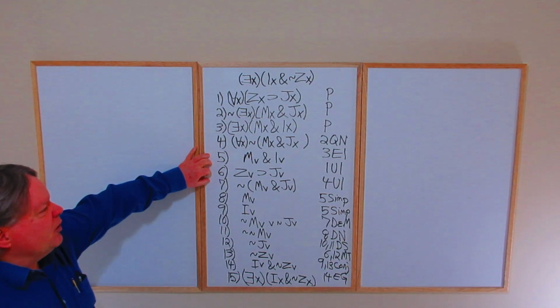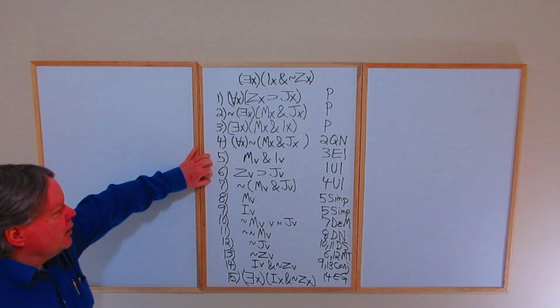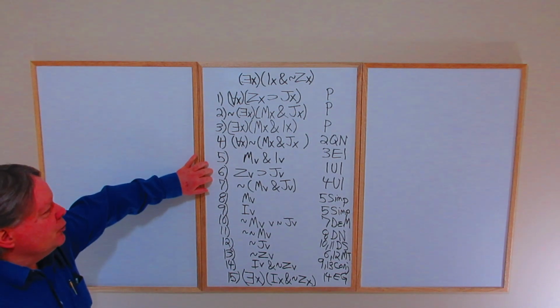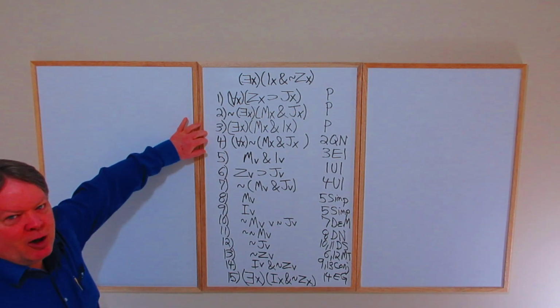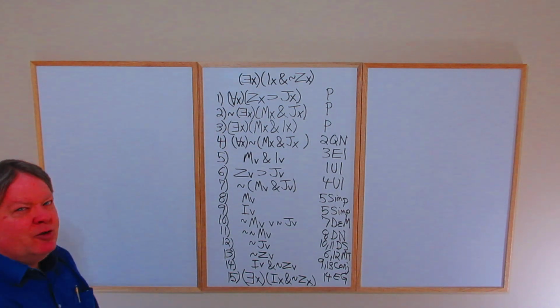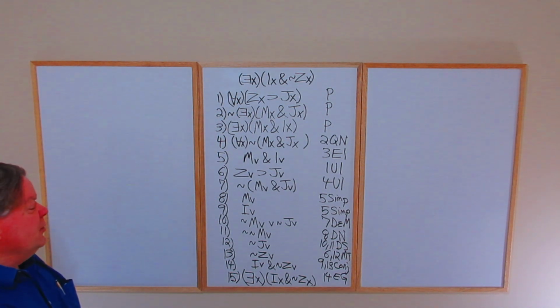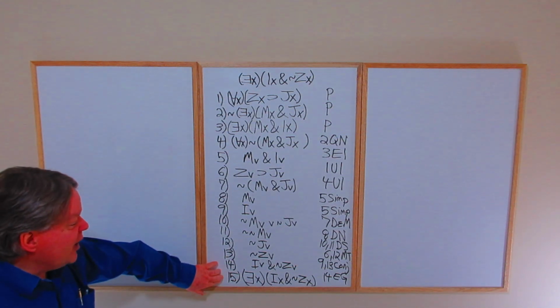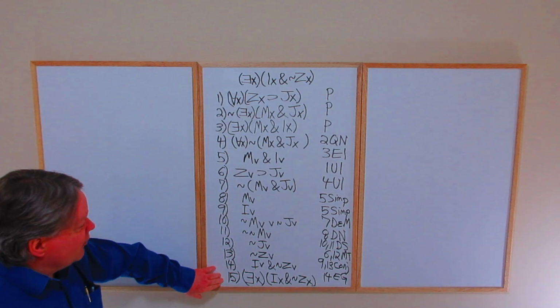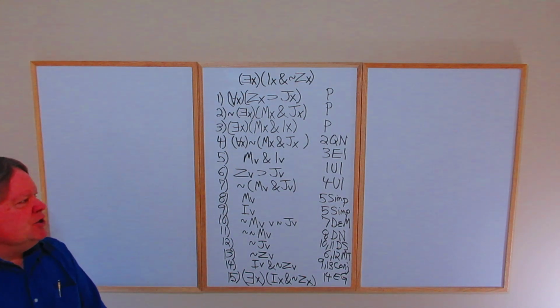At the beginning, we saw 3 dequantification steps, 1 EI and 2 UIs. We saw a QN adjustment because line 2 as it stands isn't eligible to be dequantified. And we ended the proof with a requantification move, the unrestricted EG.